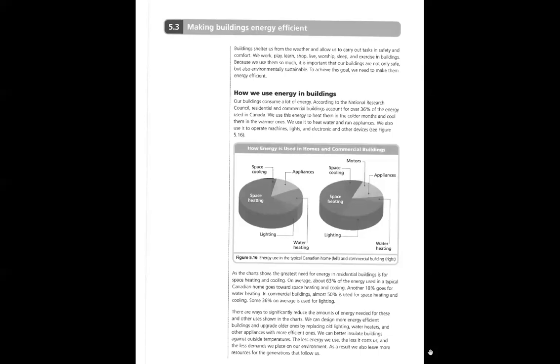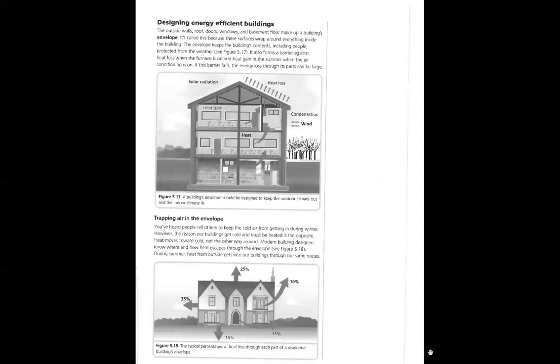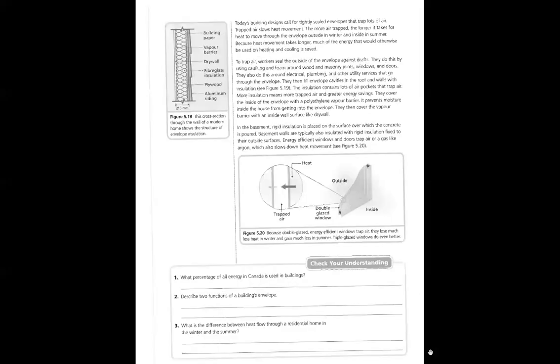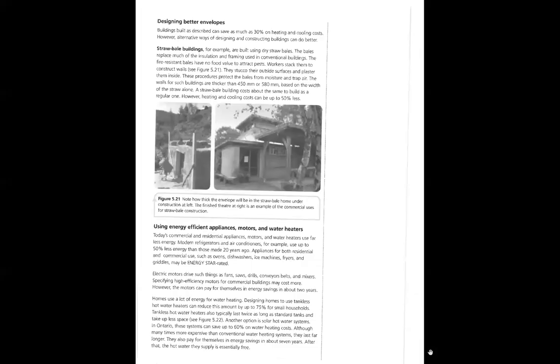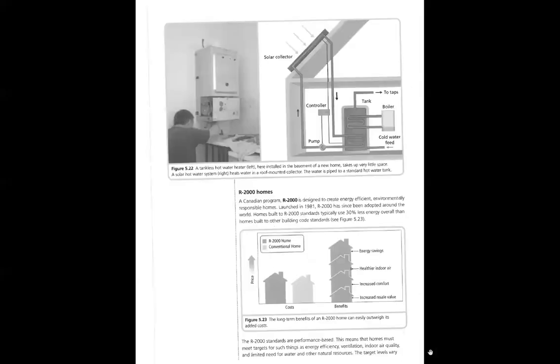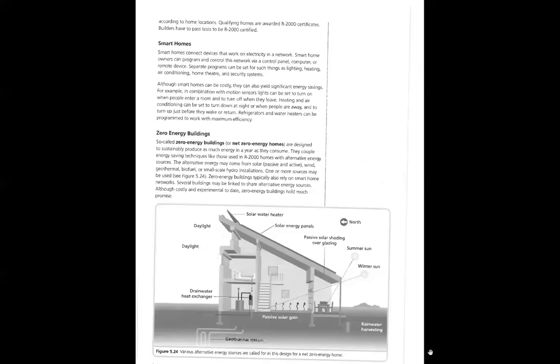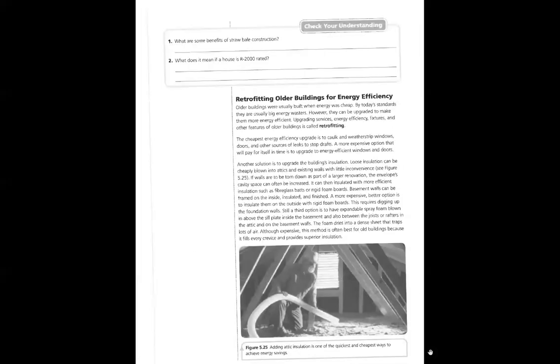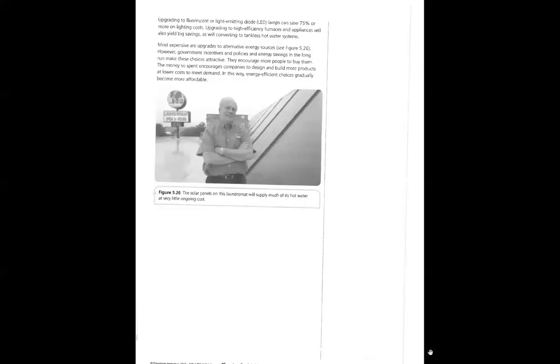So we're looking at being energy efficient, looking at how to make a house, talking about the envelope and how to make a home energy efficient, designing better envelopes around a home. We looked at the R2000 homes. We looked at smart homes, zero energy homes, okay, all different ways we can build homes, and then how we can retrofit older buildings to be energy efficient.